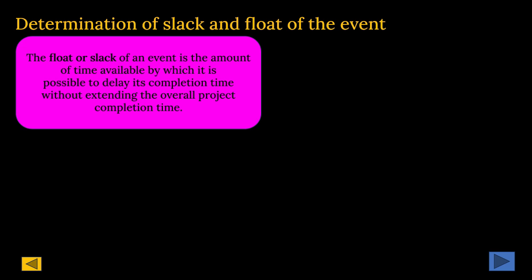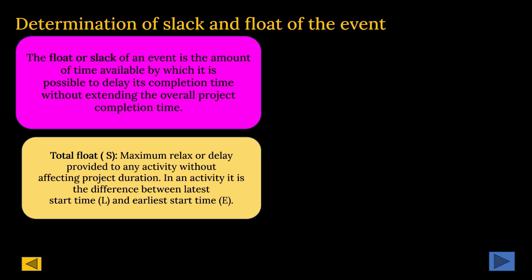The amount of time available by which it is possible to delay. That means you can delay the work for a particular day or days by which your project duration time is not going to be affected. So that is known as float or slack. Now we are getting another concept, total float, which is denoted by S. Maximum relax or delay provided to any activity without affecting project duration.